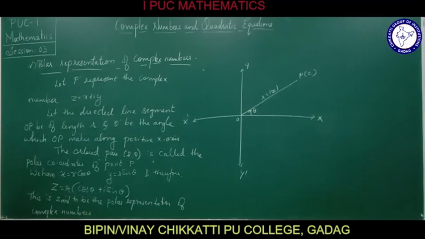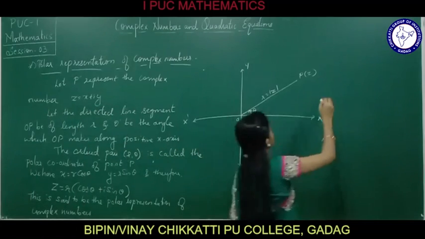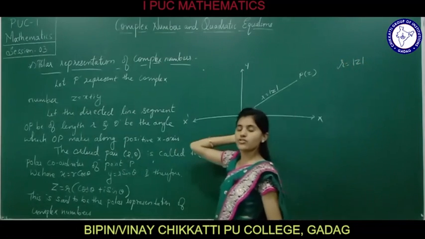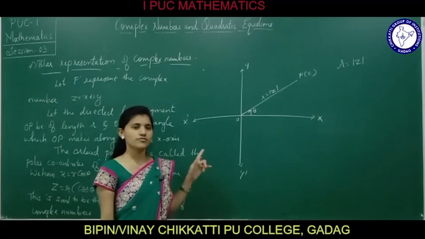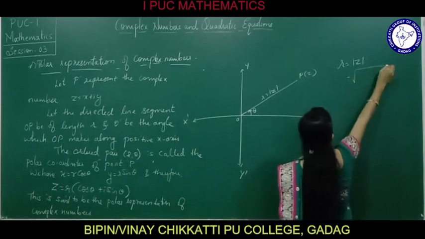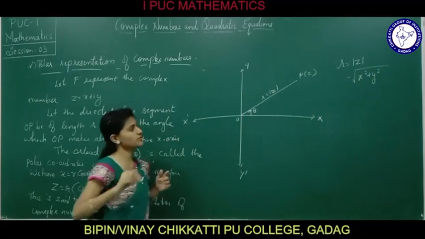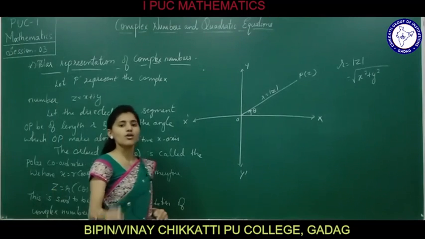And then what about the modulus r? r is equal to mod of z. How are we going to find it? As I had said while explaining the Argand plane, that is root of x square plus y square, which is the modulus of z.